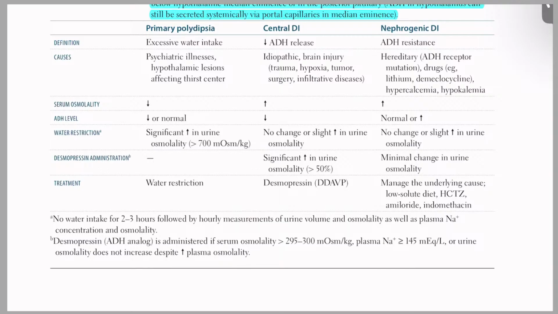Desmopressin, an ADH analog, is administered if serum osmolality is more than 295 to 300 milliosmol per kg, plasma sodium is more than 140 milliequivalent per liter, or urine osmolality does not increase despite increase in plasma osmolality. Okay.